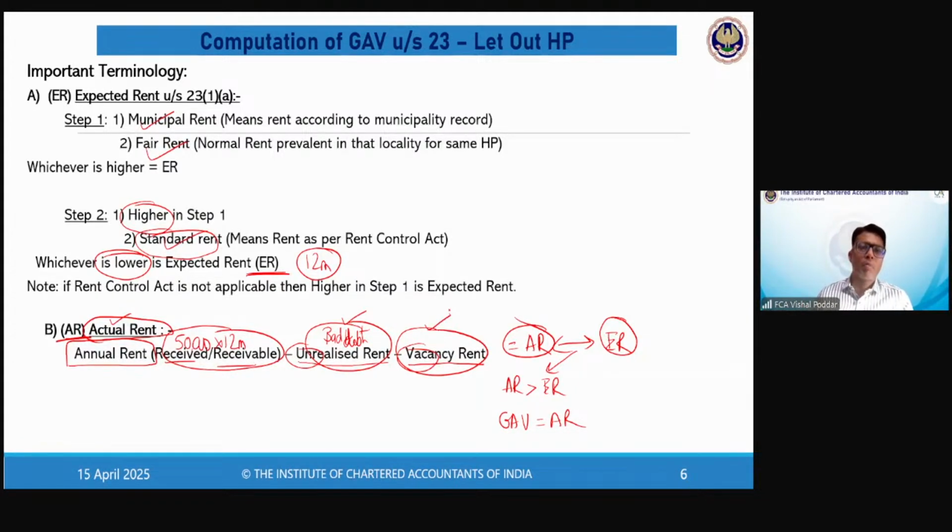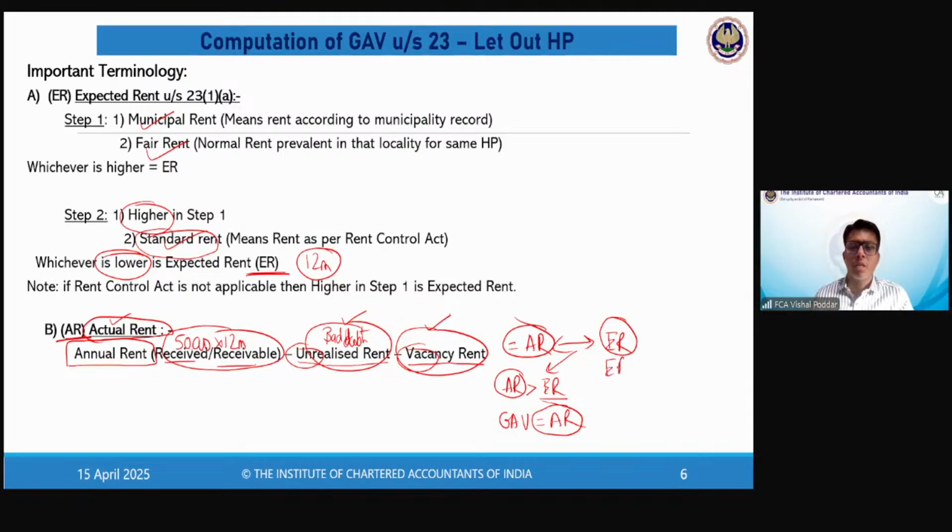Still, the law prefers taking AR as the GAV. So this is the basic ideology. They want to take actual rent only. They do not want to take notional rent, that is, the expected rent. So if AR is greater than ER, then straight away GAV is AR, no doubt.